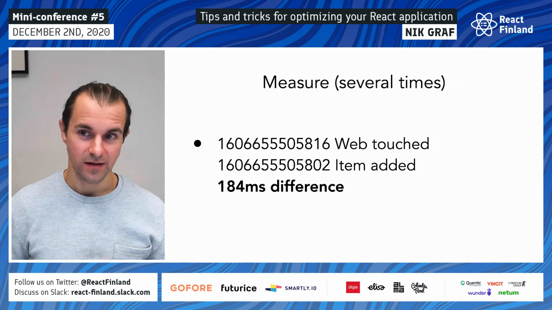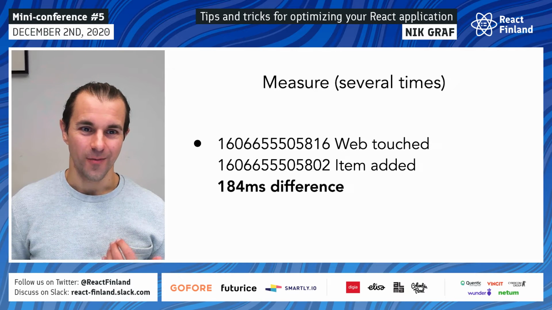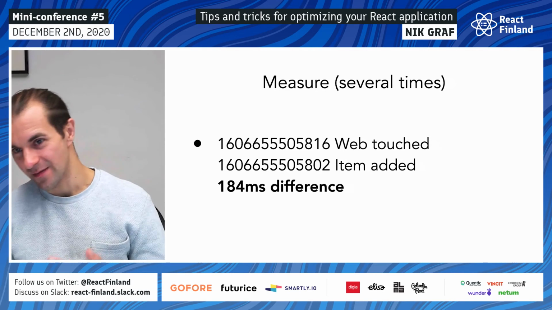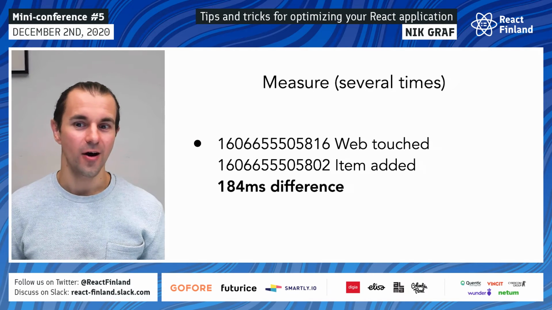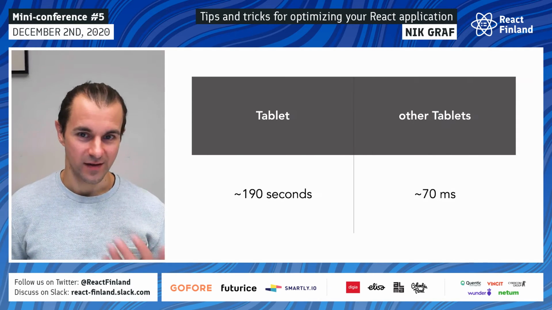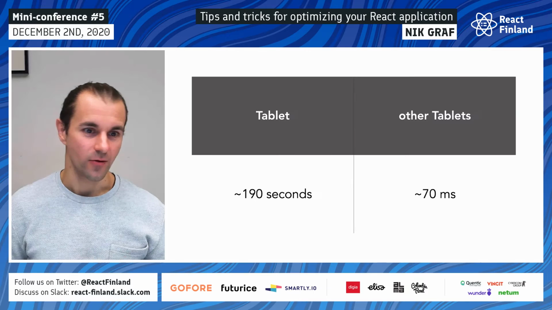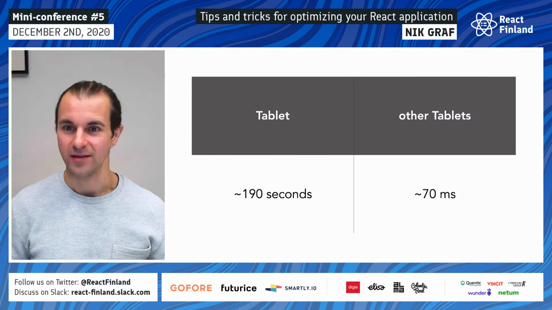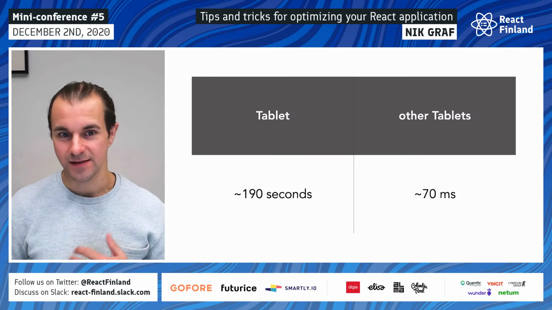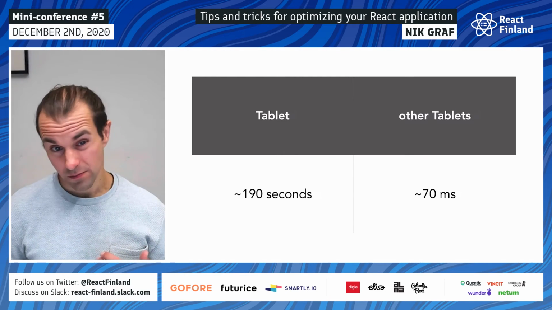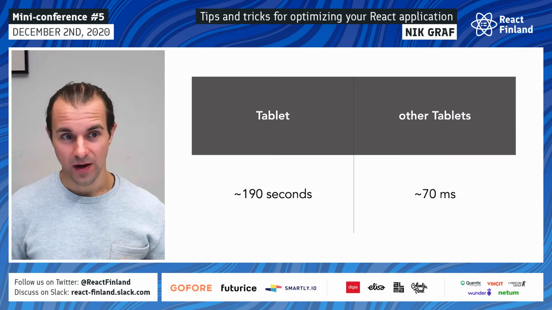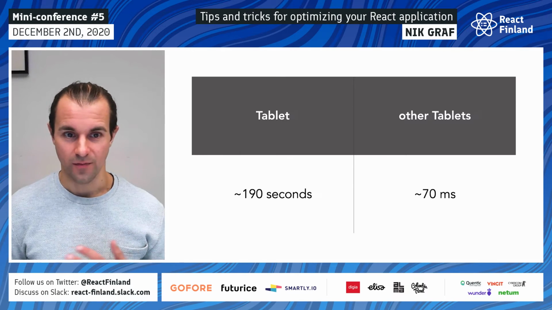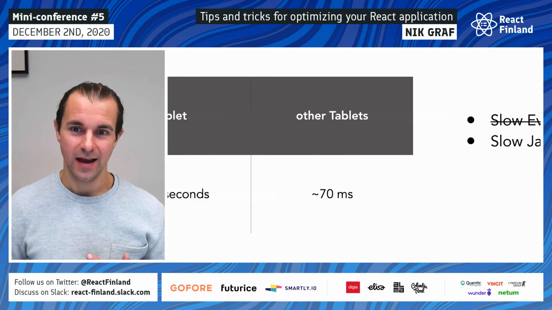But the good thing is, with this data, if you do the same thing on other tablets, we could figure out that this particular tablet was the outlier. It should say roughly 190 milliseconds versus 70 milliseconds. 70 milliseconds was still slow, not ideal, but that's 2x.